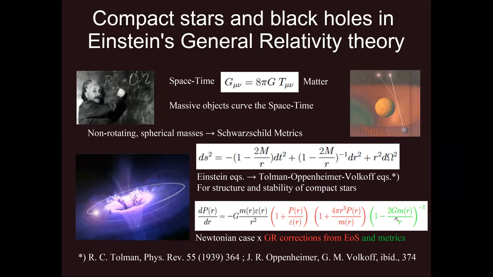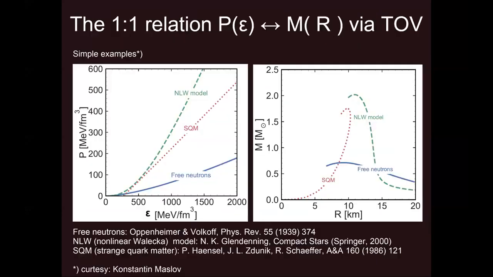When we insert standard values for mass and radius of a massive pulsar, like 2 solar masses and a radius of, let's say, 12 kilometers, what we just heard in this Nature article example, then this green part from the metric is a factor 2 correction. So we have to keep this in mind and always apply Tolman-Oppenheimer, so general relativity.